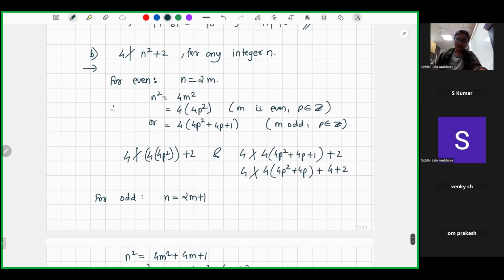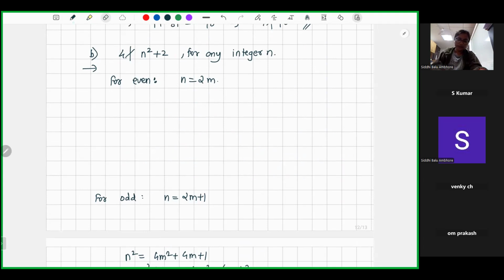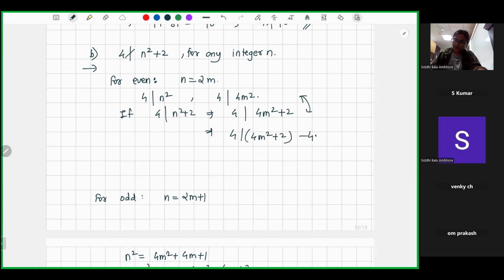Or in the even case, forget about this, this is very confusing. In the even case, we can simply do this. If n is even, so 4 divides n square, right? 4 divides this 4m square. So if 4 divides n square plus 2, this implies 4 divides 4m square plus 2, and then 4 divides 4m square plus 2 minus 4m square.